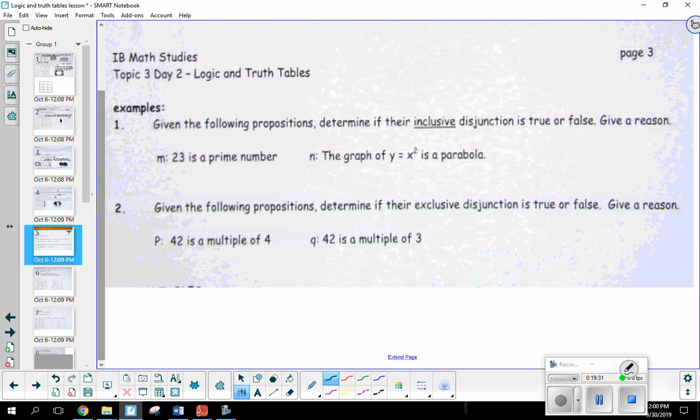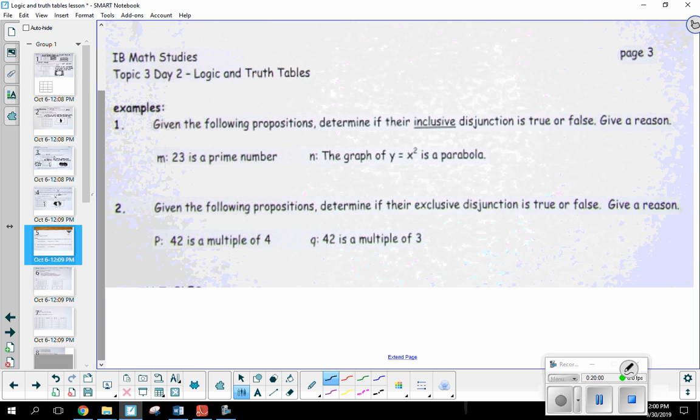Let's see here. Additional examples. Given the following propositions, determine if their inclusive disjunction is true or false, and give a reason. Whether you're dealing with the inclusive or the exclusive, as number 2 is, what's the key word here? I want to know what word is always associated with a disjunction, whether it's inclusive or exclusive. Or, there we go.